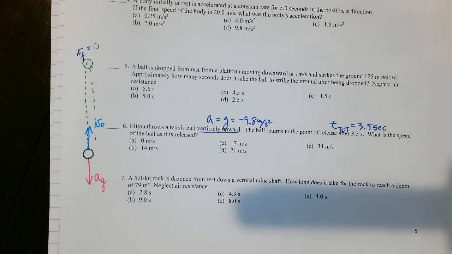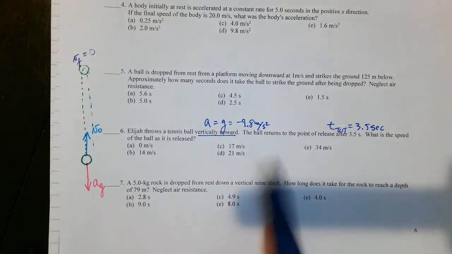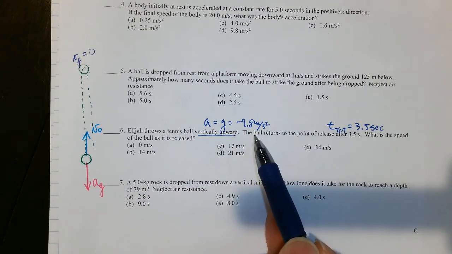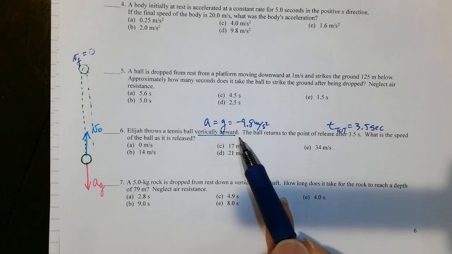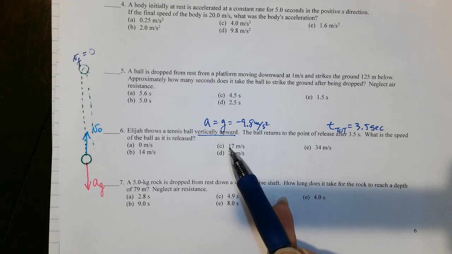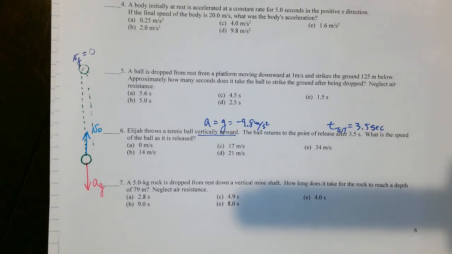Every time you throw something up in the air, it slows it down at 9.8 meters per second squared. On the way down, it speeds it up at 9.8 meters per second squared downwards. Does that help? Yeah, I just got confused because I thought it couldn't be half of the time, so I didn't know where to go from there. It is exactly half.